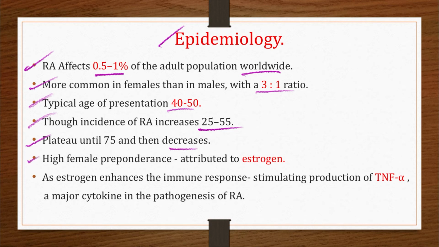The high female preponderance is attributed to estrogen, as estrogen enhances the immune response by stimulating the production of tumor necrosis factor alpha, TNF-α, a major cytokine in the pathogenesis of rheumatoid arthritis.